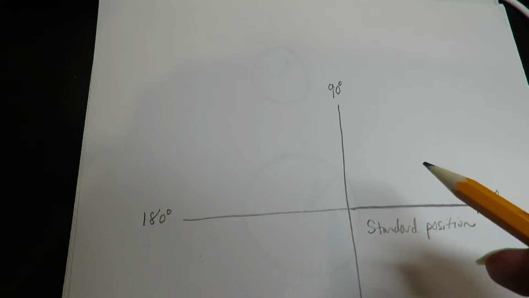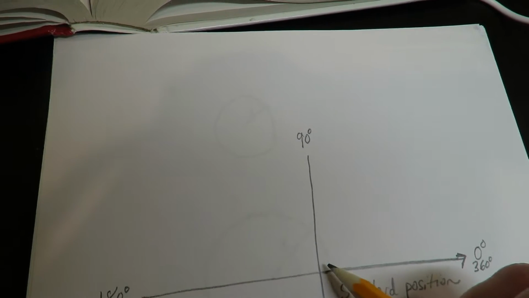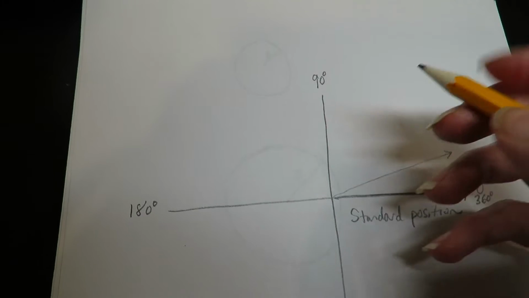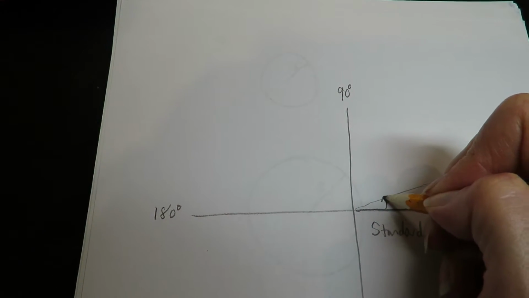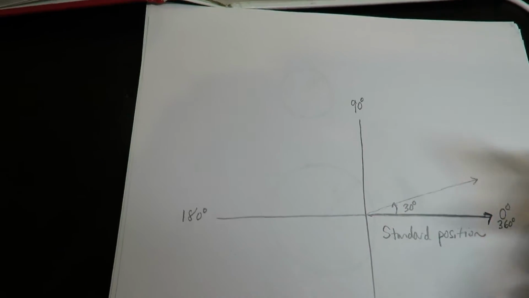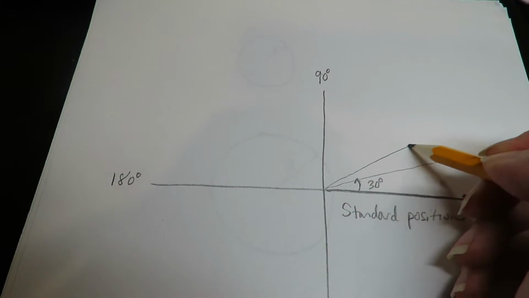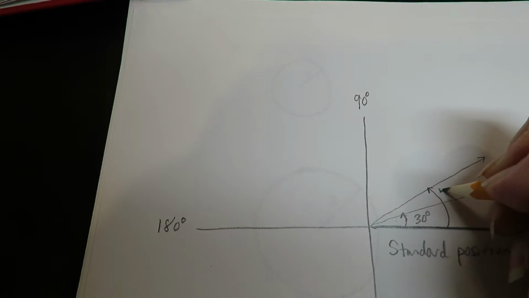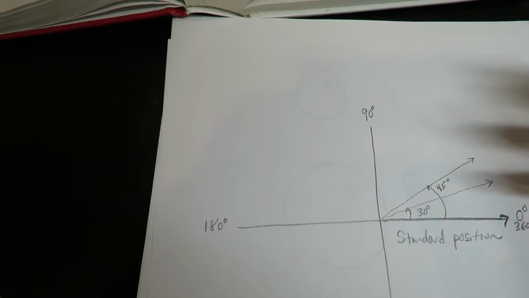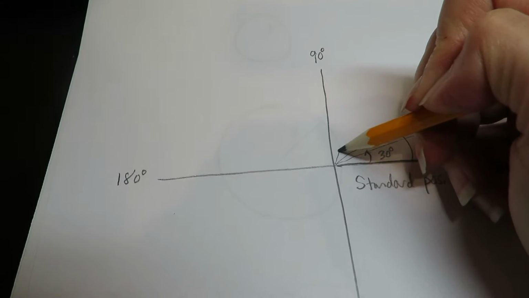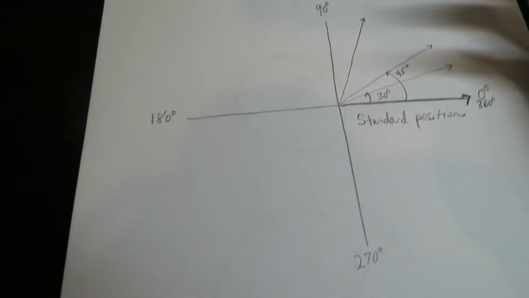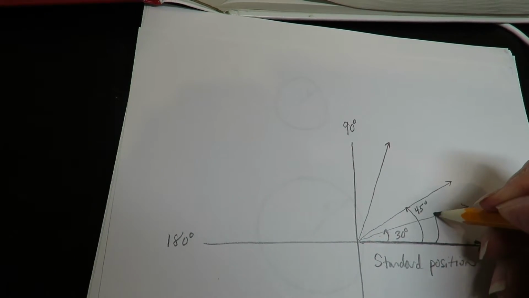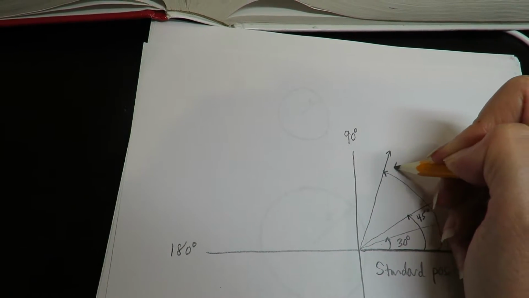We can also cut up one quadrant. The angles in degrees that are really important are the cuts in terms of 30 degrees, in terms of 45 degrees, and in terms of 60 degrees.